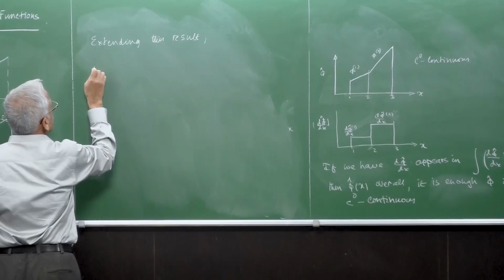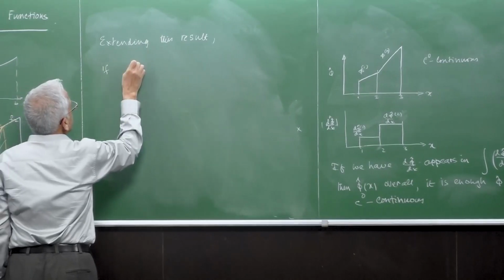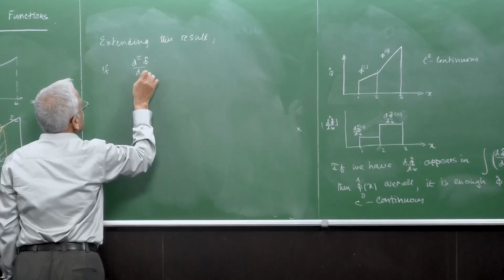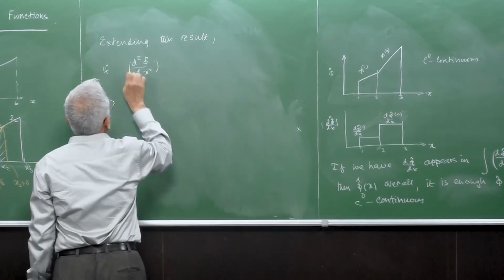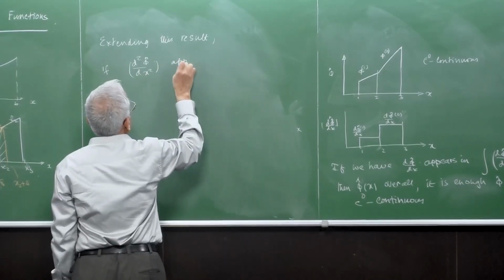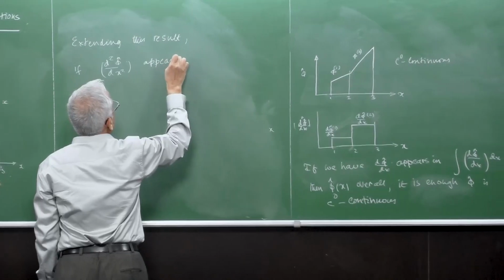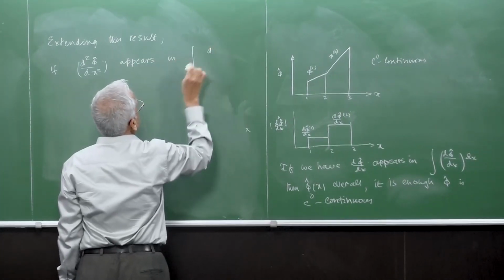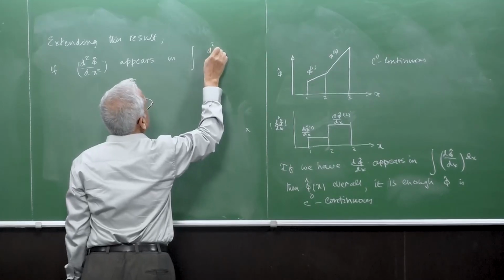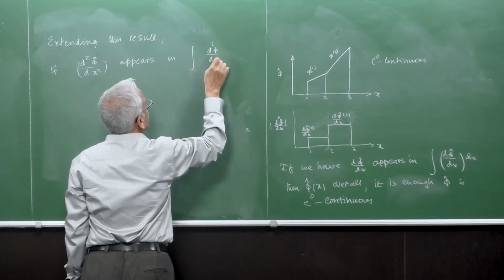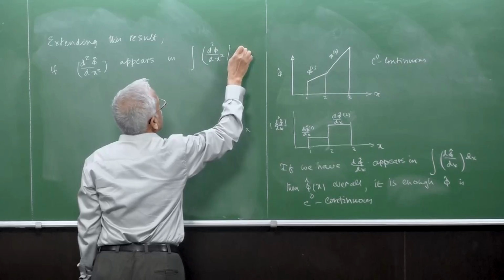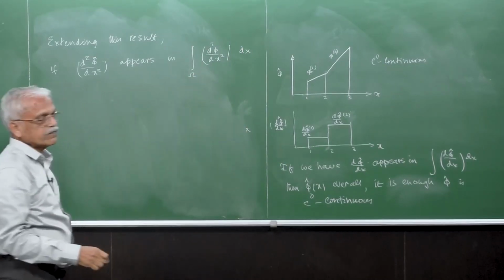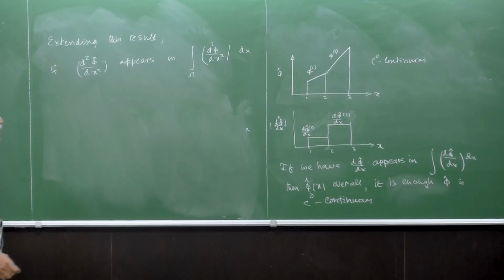So if d²φ̂/dx² appears in the integrand like this, then what kind of function do we require here?